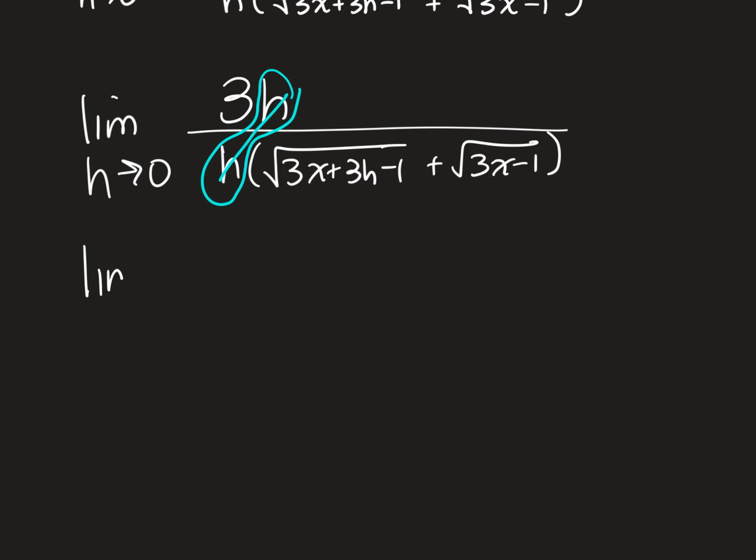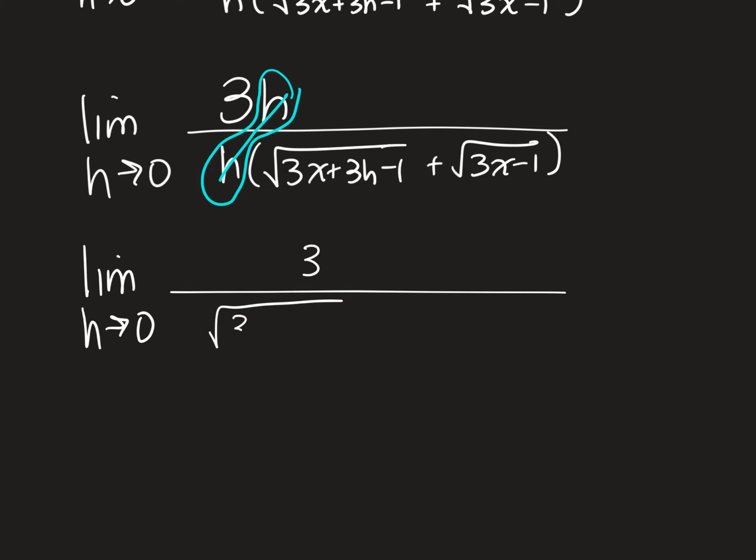I'm in trouble. All right, so we have the limit as h approaches 0 of 3 over, well, now it's just the square root of 3x plus 3h minus 1 plus the square root of 3x minus 1. I don't have that h out in front anymore. So if I want to plug in 0 for h, I'm good. It doesn't create a problem in the denominator anymore.